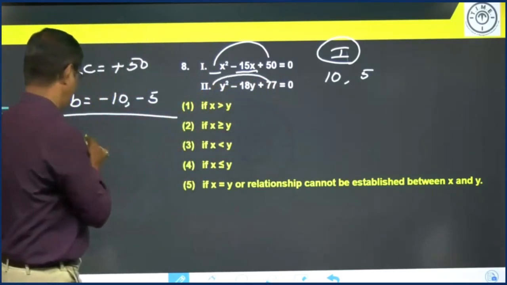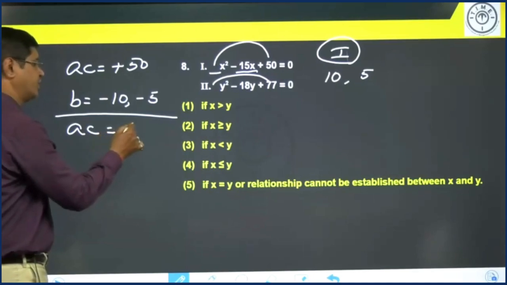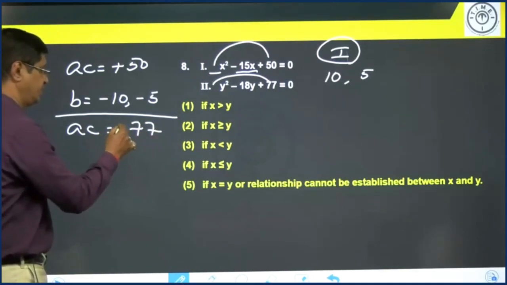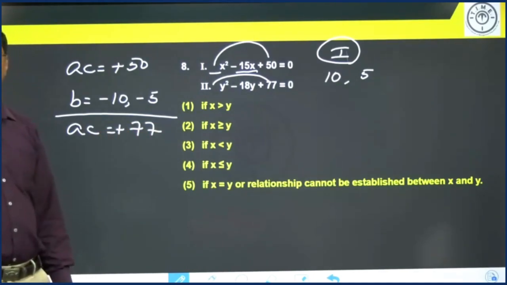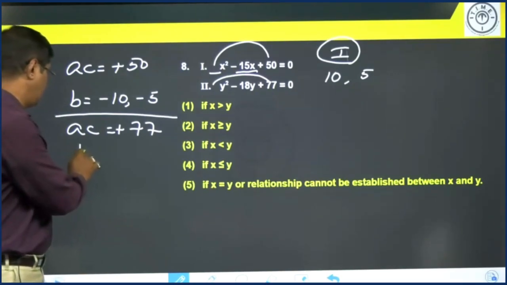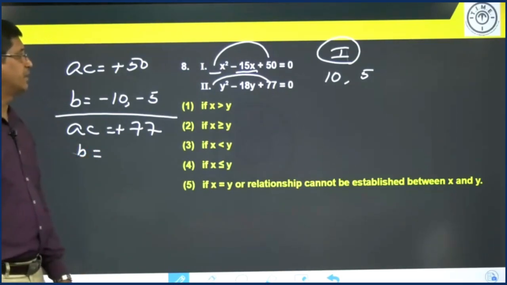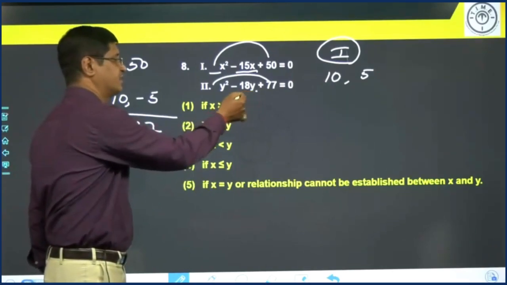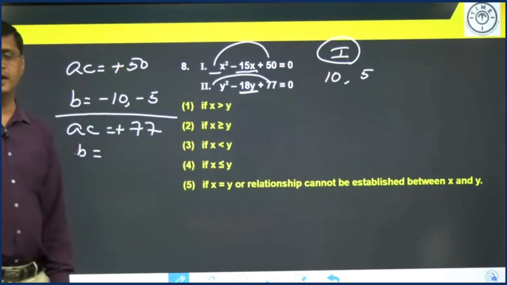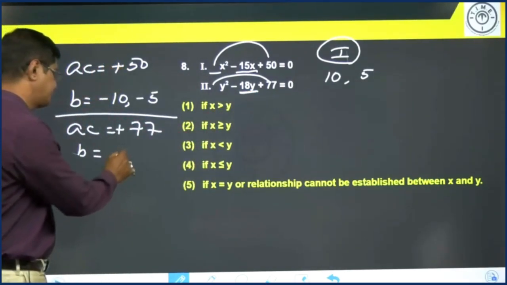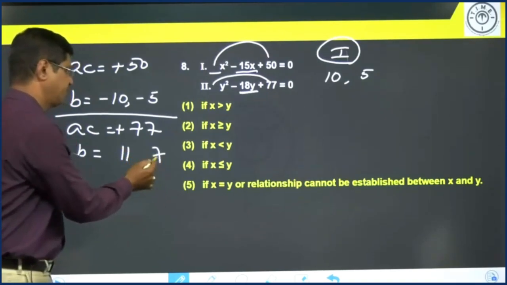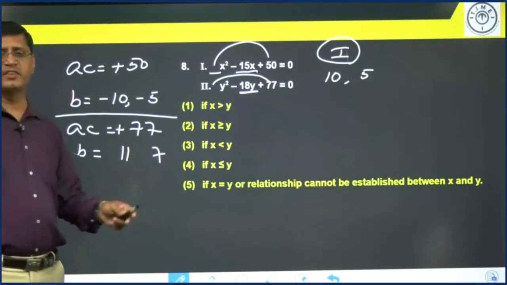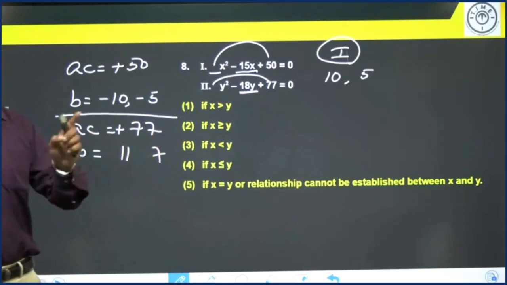Now AC is equal to 77, which is positive. Now what will be the b value? Sum of the two factors, and here the middle term is 18. 77 means 11 into 7. 11 into 7 is 77. 11 plus 7 is equal to 18.